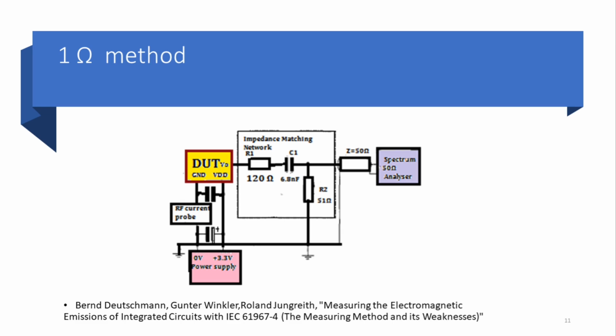Alright, so these are the probes here. This could be 150 ohm or it could be 1 ohm. Due to the simple measurement setup, these two methods guarantee a high degree of repeatability and correlation of EMI measurements.